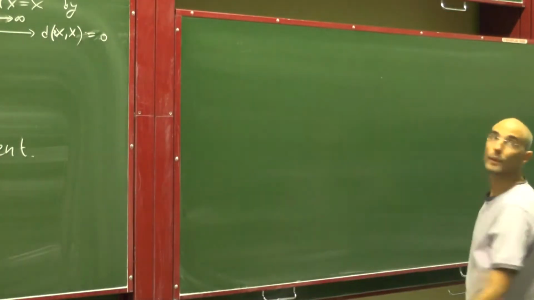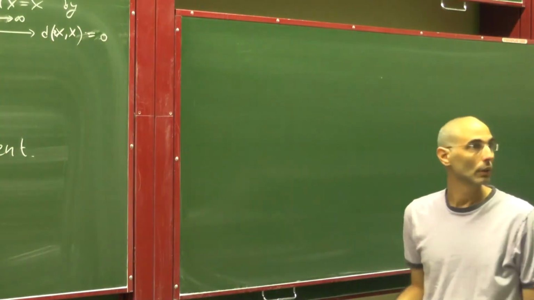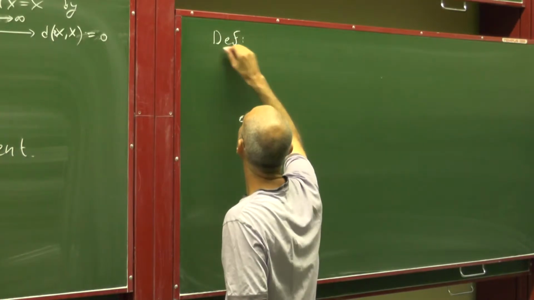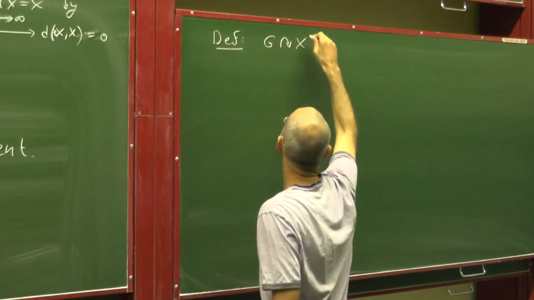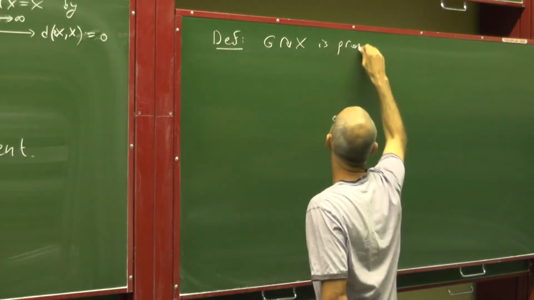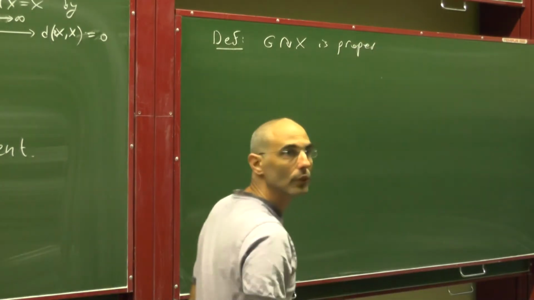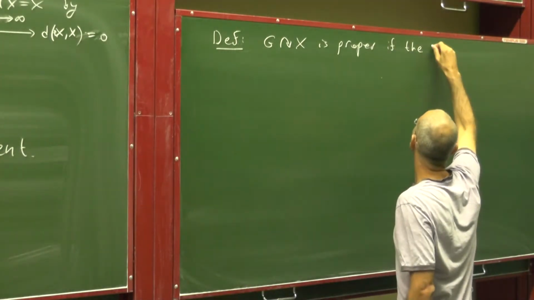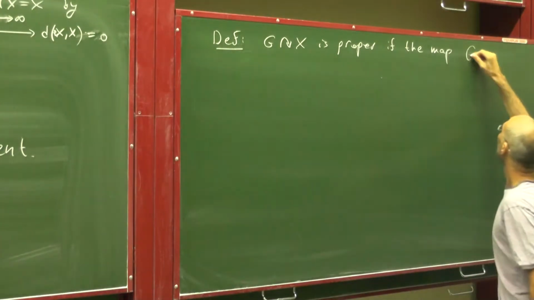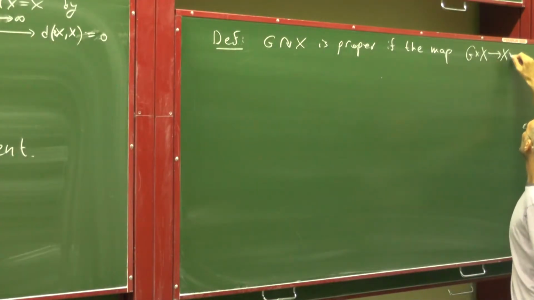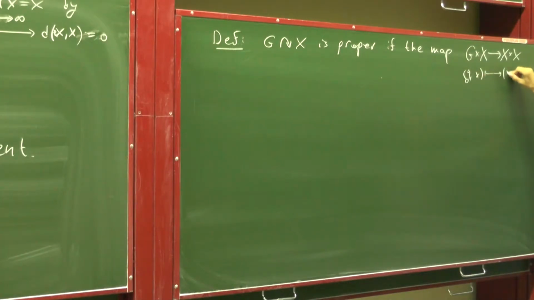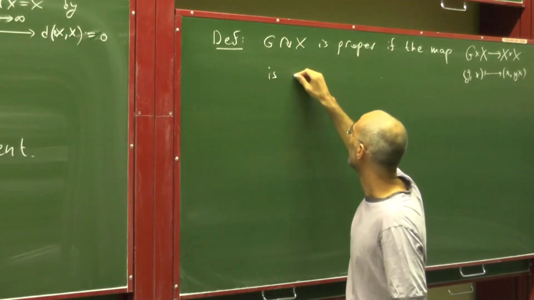Whenever we have a property of a map, we can define the property of a group action. G acting on X is proper, in the context of continuous actions on topological spaces, if the action map G times X to X times X, sending (g, x) to (x, gx), is a proper map.